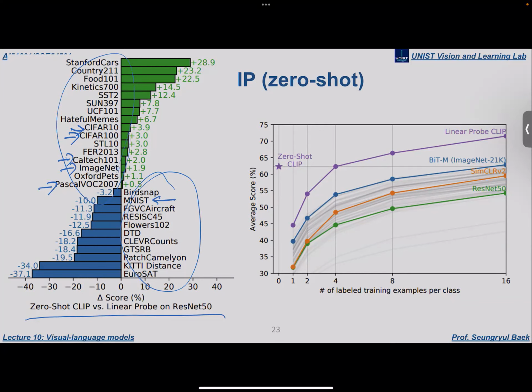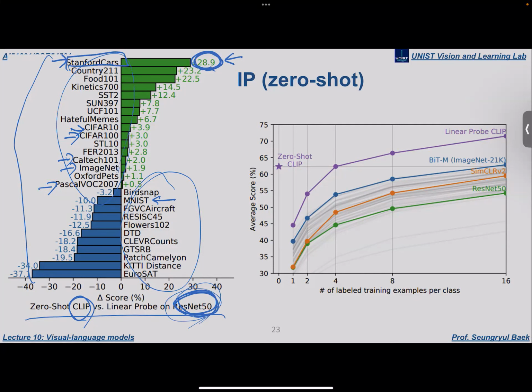If you train your network using ResNet and also using CLIP on these datasets, this is denoting that for Stanford Cars, CLIP performs better than ResNet by this percentage. So CLIP is beating ResNet trained in the supervised way on the Stanford Cars dataset.